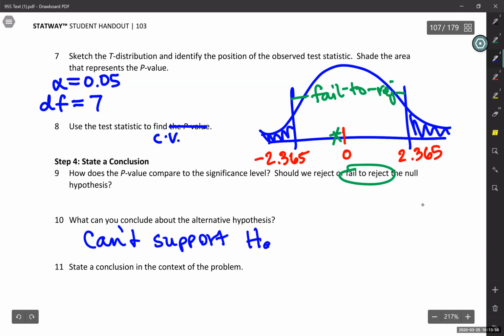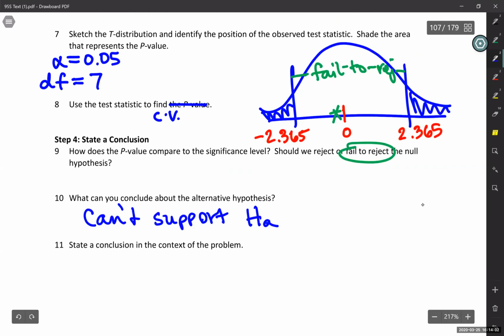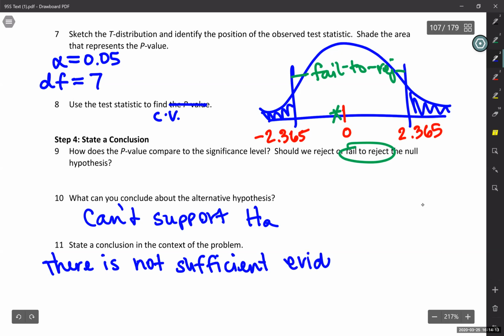So we can write our conclusion to this problem that says, since we're not supporting it, we'll say there is not sufficient evidence to support the claim.